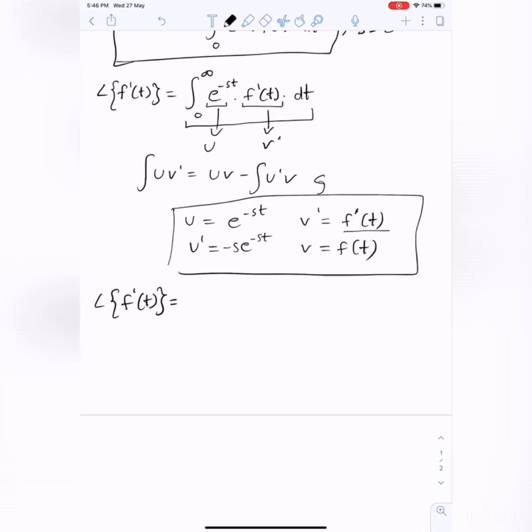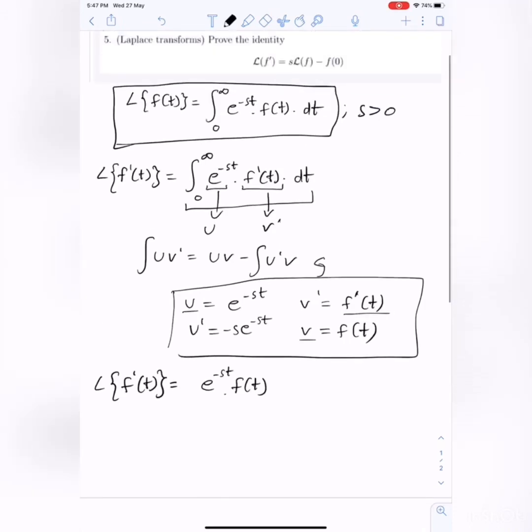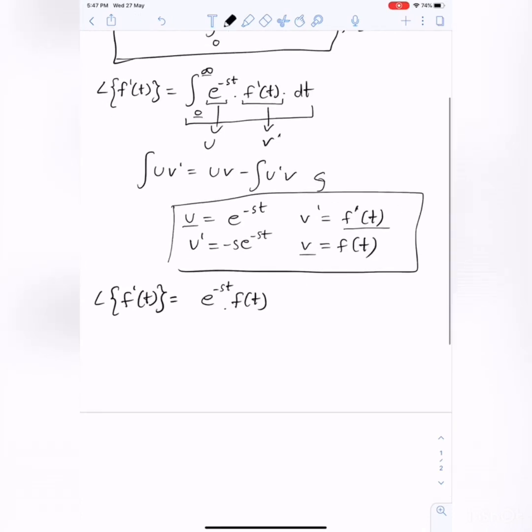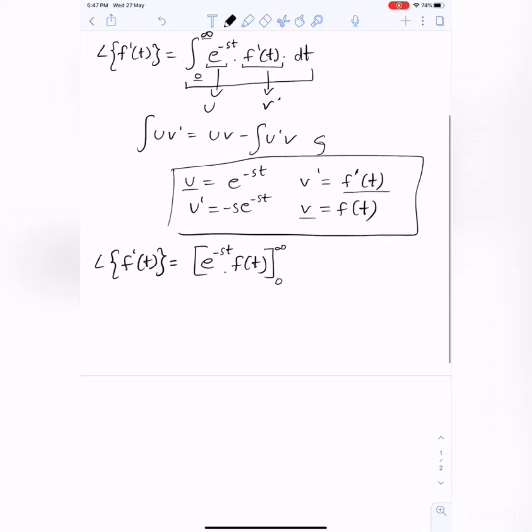our Laplace transform of the function f'(t) would be equal to u times v. U times v is nothing but e^(-st) times f(t), but we do have our limits of integral, so this would be evaluated from 0 to infinity, minus the integral of u' v. U' is nothing but negative s e^(-st) times v.